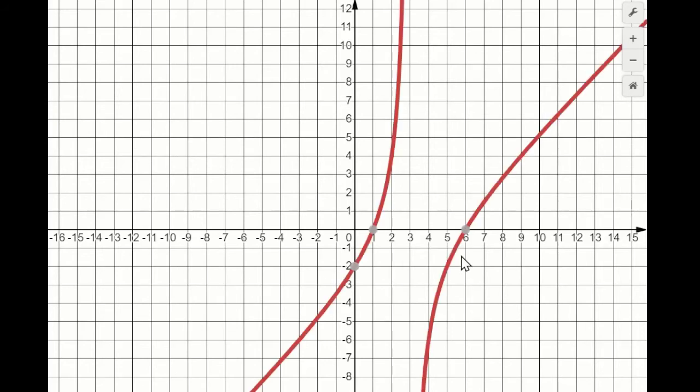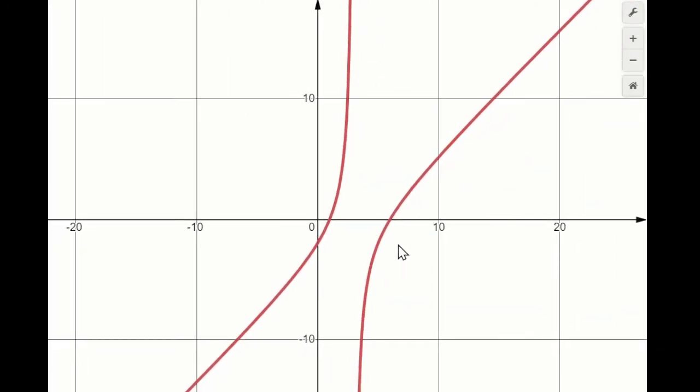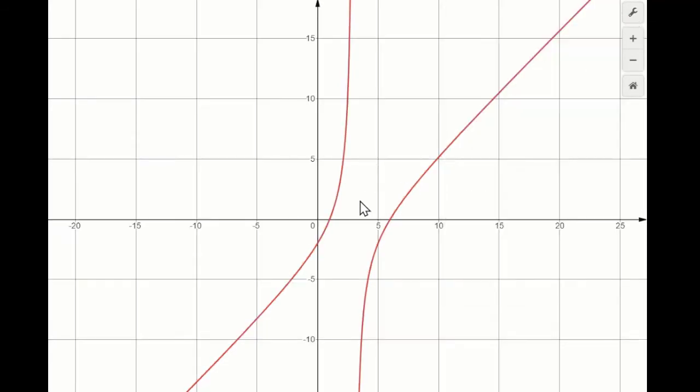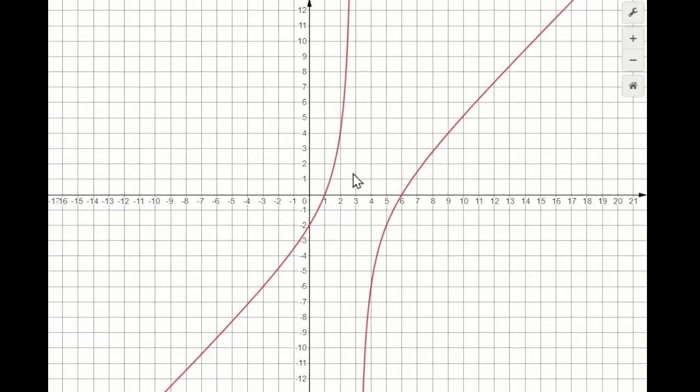All right, so this is the graph for our rational function x squared minus 7x plus 6 all over x minus 3. In our understanding from what we have learned previously, this function has one vertical asymptote at x equals 3.